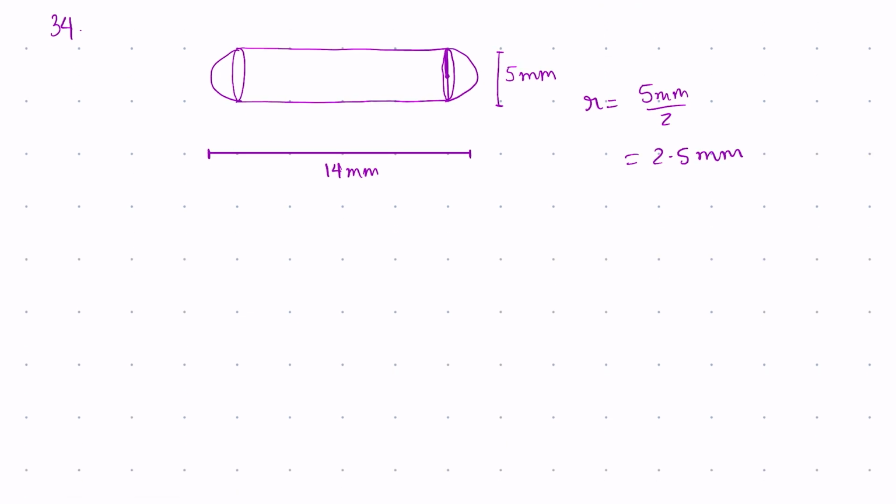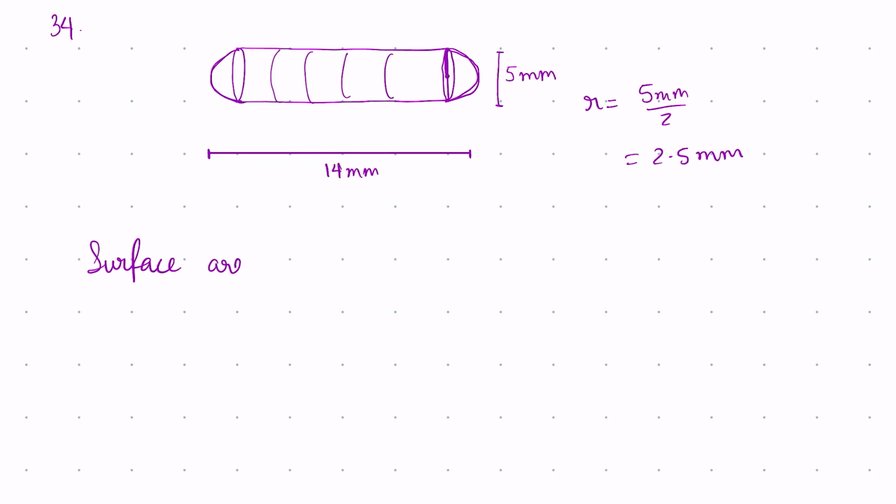Now I need to find the surface area of the capsule. Surface area means this and this area, and also this, obviously. So how might we find the surface area? Let's write down the equation.